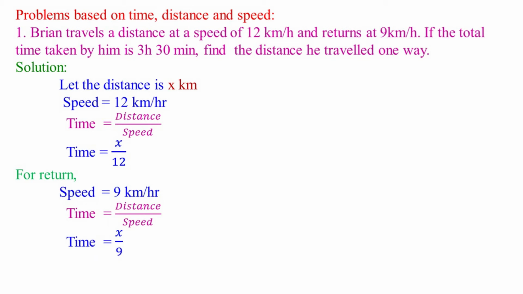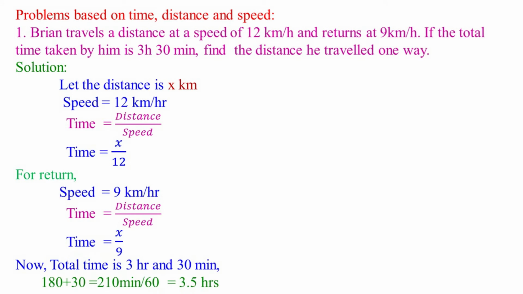Okay, now what is the total time taken by him? Which is 3 hours and 30 minutes. The speed is given in hours, but here the time is in hours and minutes. So we have to convert it into one unit. First, you convert 3 hours to minutes. 3 into 60 is 180, and there are 30 minutes also.